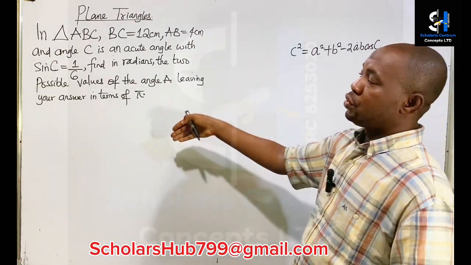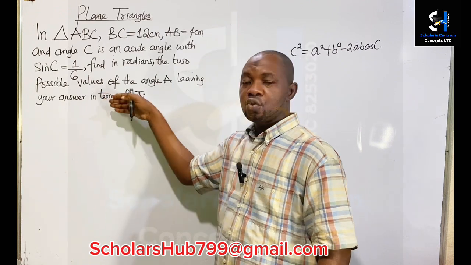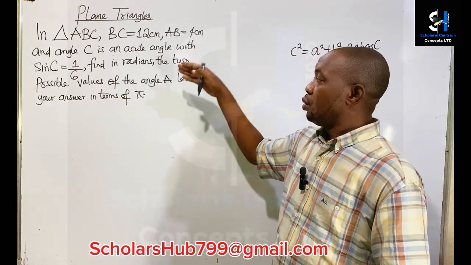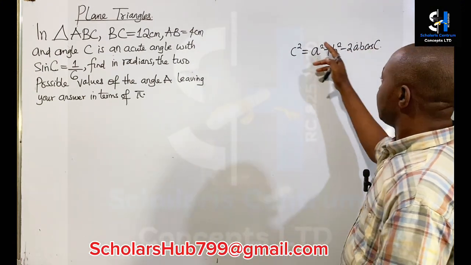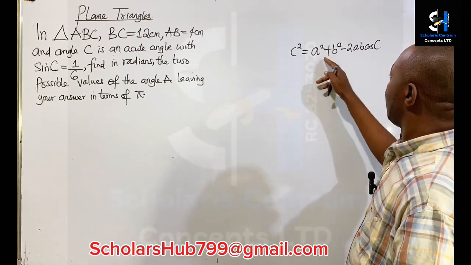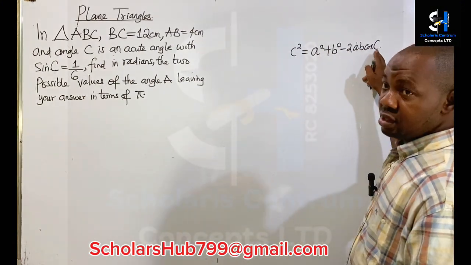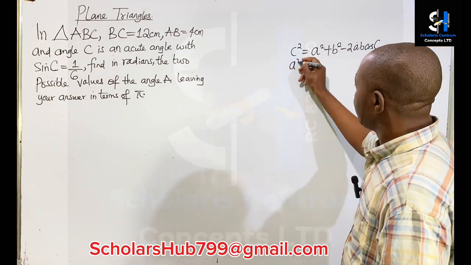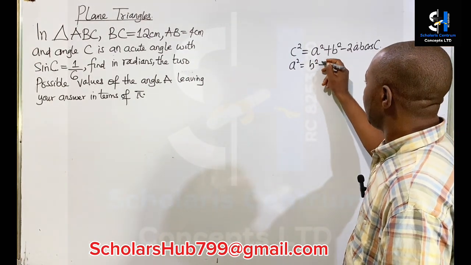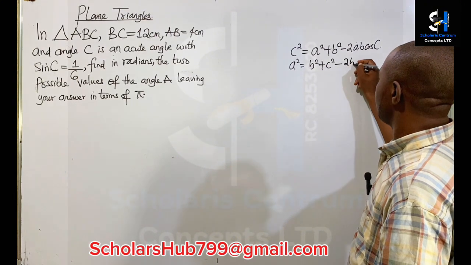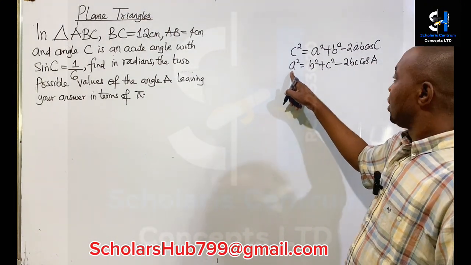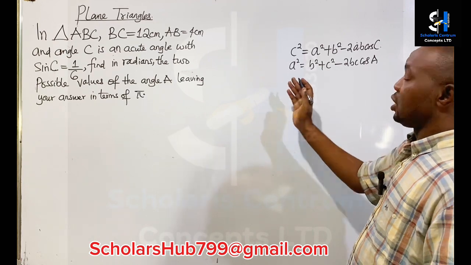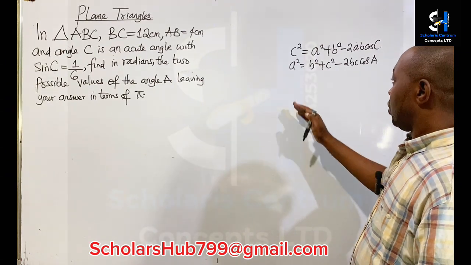But in this question, to be able to solve it on the board, we're going to use what we call the sine rule. If I want to write the formula for when the angle is A, then a squared equals b squared plus c squared minus 2bc cos A. That is when we have the square of side a isolated from the others.